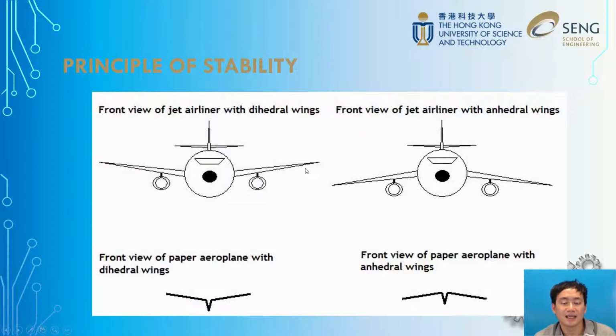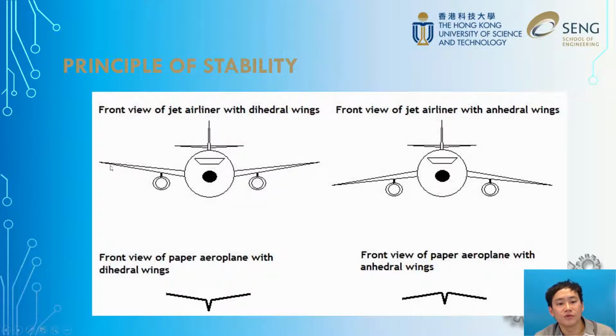The reason is that if this aircraft rotates a little bit, for example, in the clockwise direction, then the wing will now be more horizontal and will have a larger projected area to increase the lift force on the right hand side of the wing.